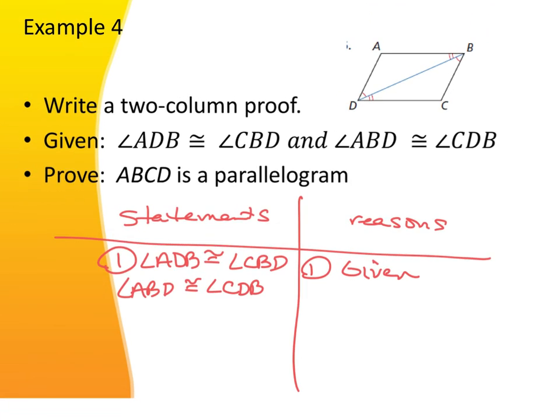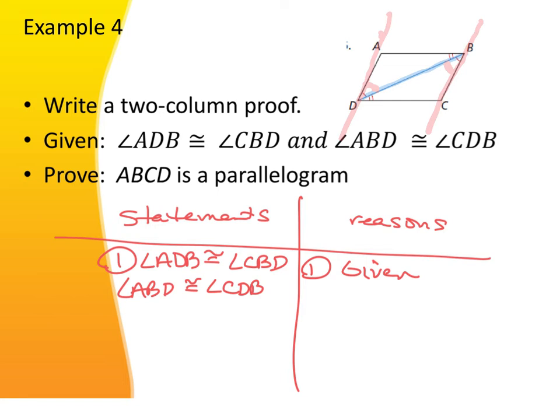If I have the diagonal here as my transversal, I could state that AD is parallel to BC because this angle is congruent to this. These are alternate interior angles, and I'm using the alternate interior angles converse.